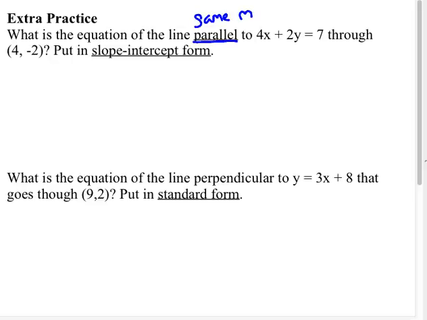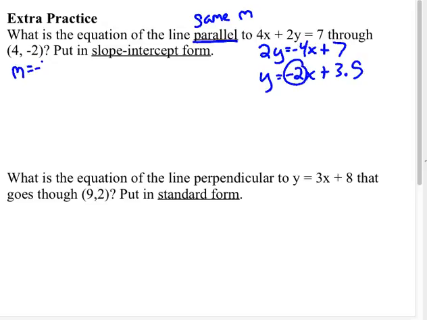But I can't tell what that slope is yet, not until I get the y by itself. All right, so now I see I need the same slope. So the slope of my parallel line is going to also be -2.